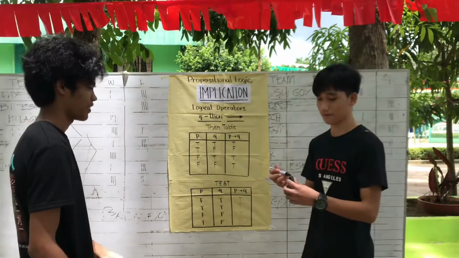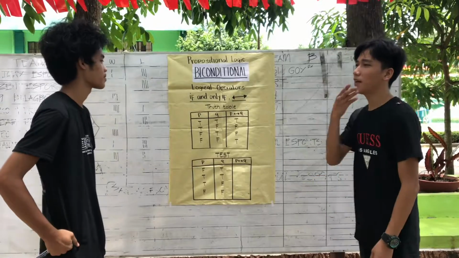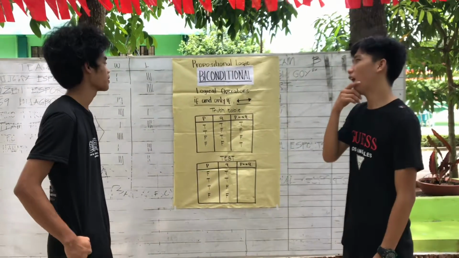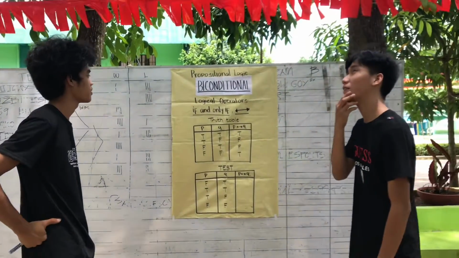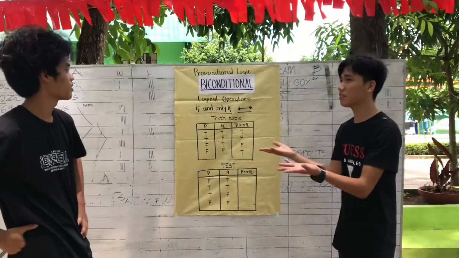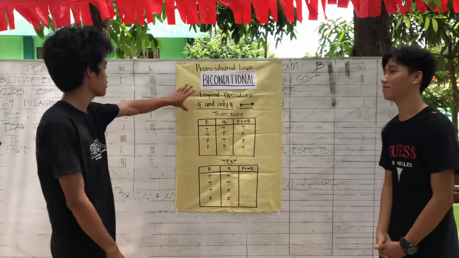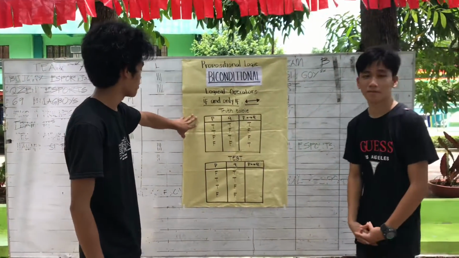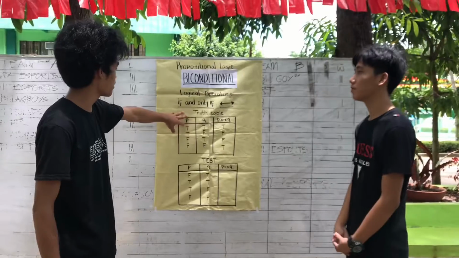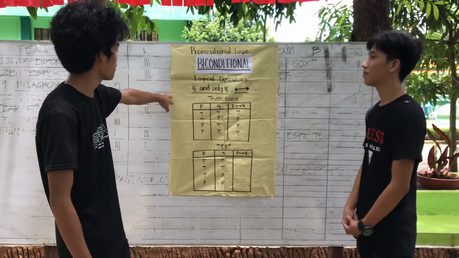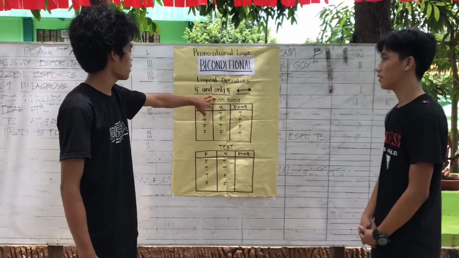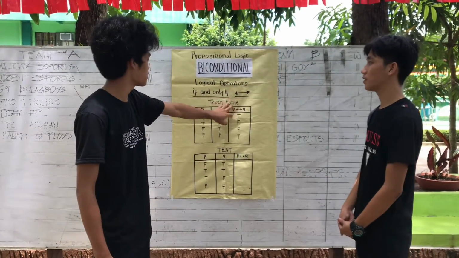So thank you. Biconditional. Partner, what do you think, how does biconditional work? I wonder how. Please explain to me. Biconditional works like multiplication. We can see that later in the truth table, but first, there are our logical operators, if and only if, and the mathematical symbol.